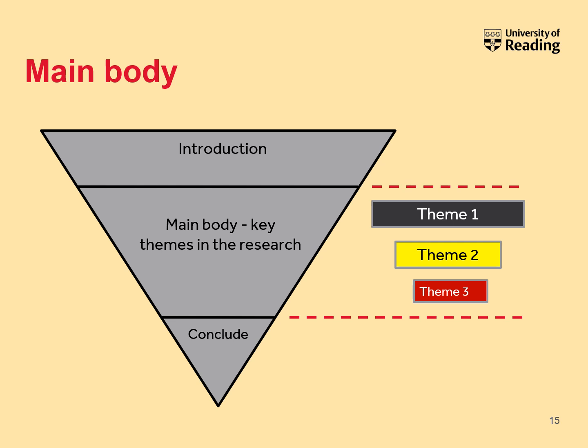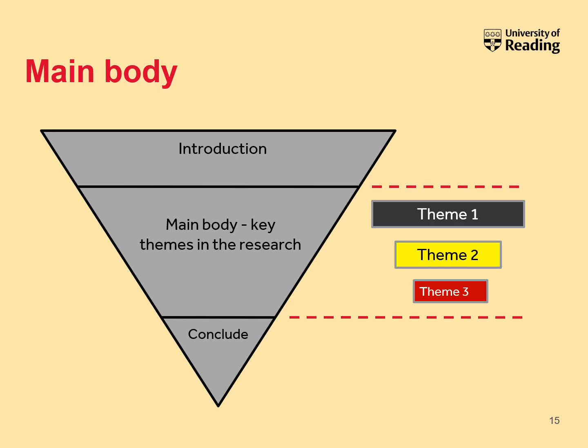Now the idea is that as the reader progresses through this section, each theme that you discuss becomes more and more relevant to the specific area that you wish to research, to your research question or problem. So you're using relevance as a way of deciding which theme to talk about first.